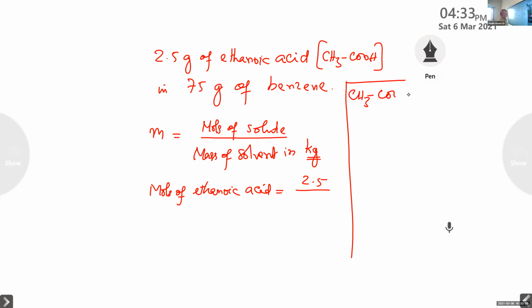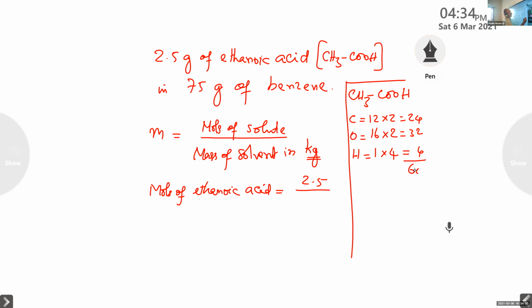CH3COOH. If you don't know it by heart, you can calculate. The mass due to carbon, atomic mass 12 into 2 carbon atoms, is 24. Mass due to oxygen, atomic mass 16 into 2 oxygen atoms, is 32. Hydrogen, atomic mass 1 into 4 hydrogen atoms, is 4.